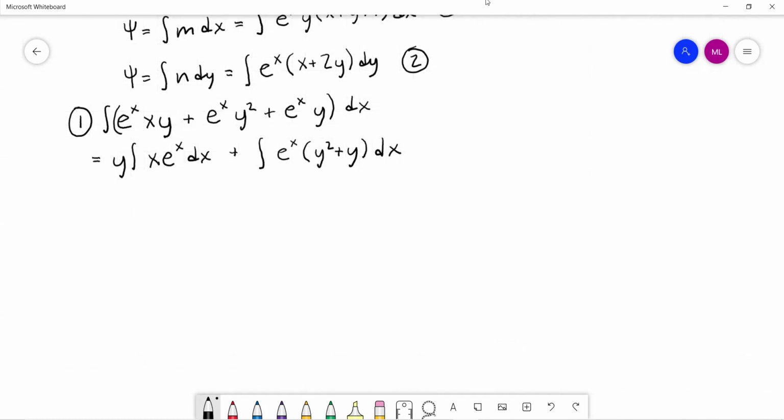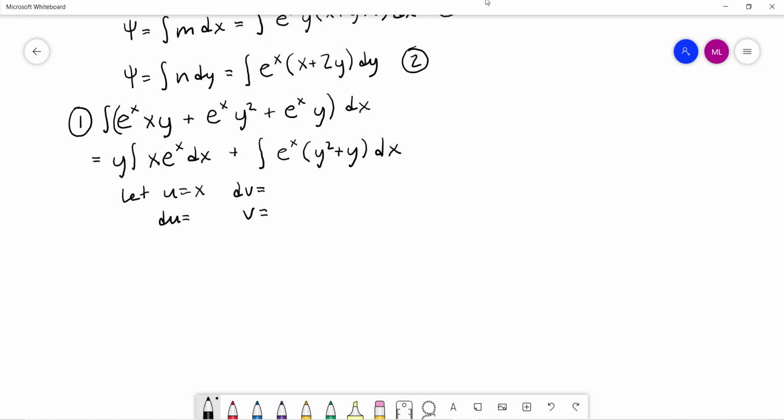And so for this first part, let's let x be equal to u, dv be equal to, let's write it how I normally write it. u equals, dv equals, du equals, v equals. Hopefully I don't lose anybody.